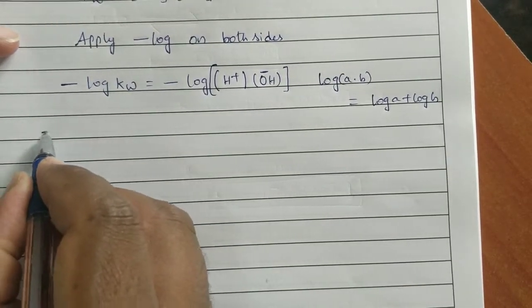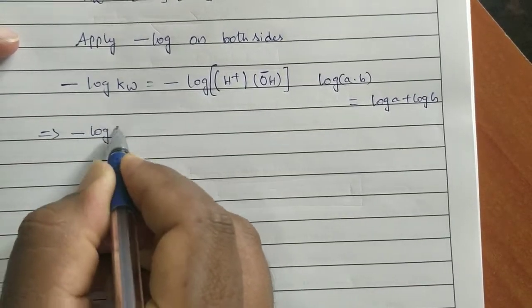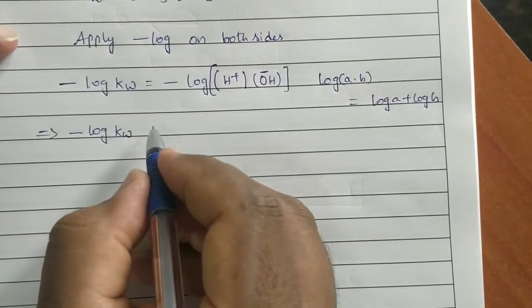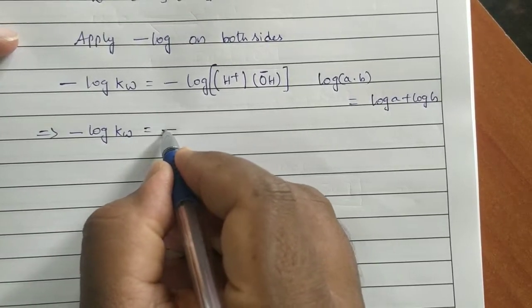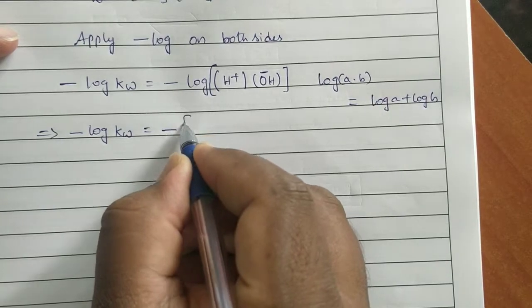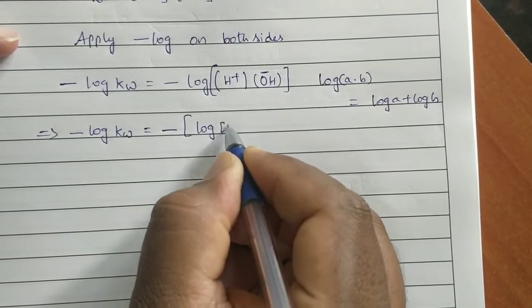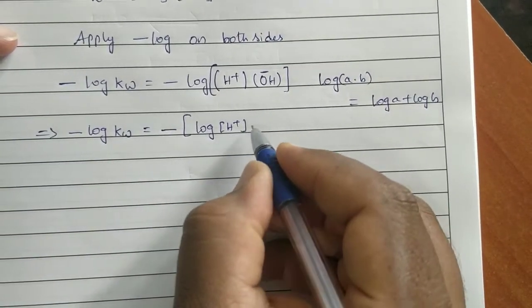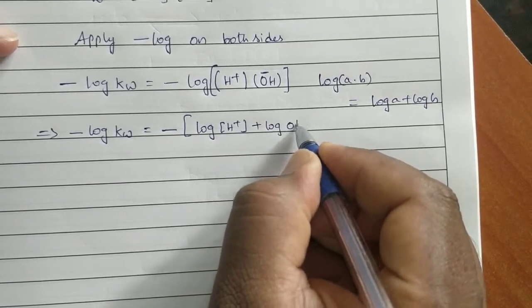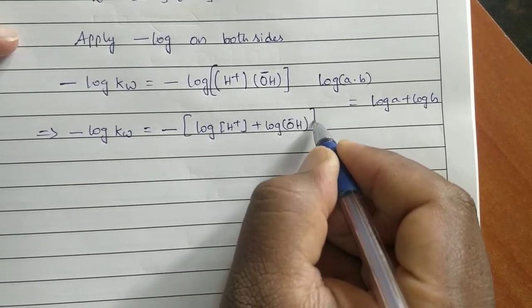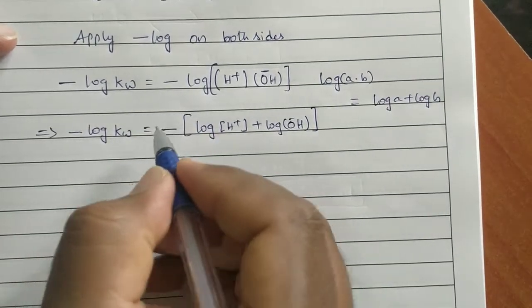So this implies minus log Kw is equal to minus of log H plus plus log OH minus. Minus I kept like this only.